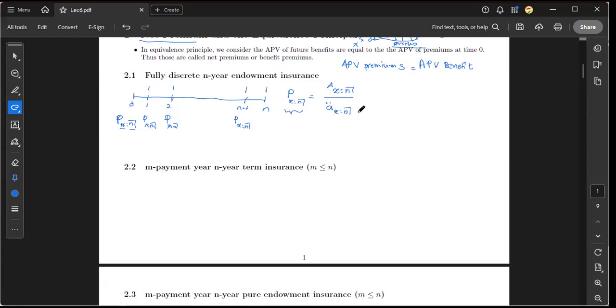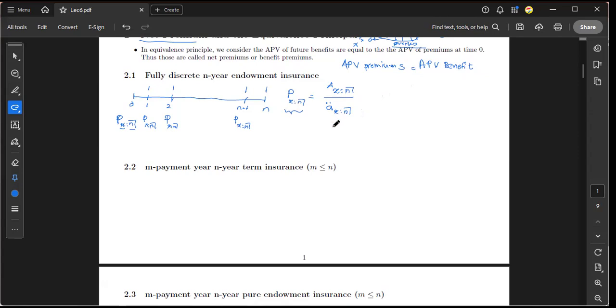And we know from the relation that if we know capital A, we can calculate small a. If we know small a, we can calculate capital A. And also we need to know the insurer's interest rate to calculate delta or d.